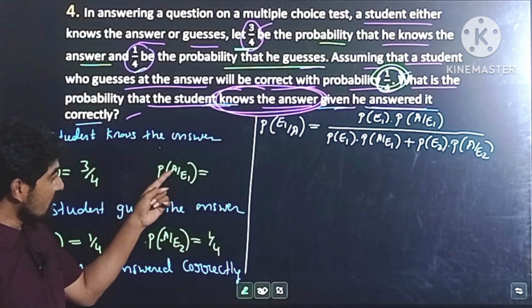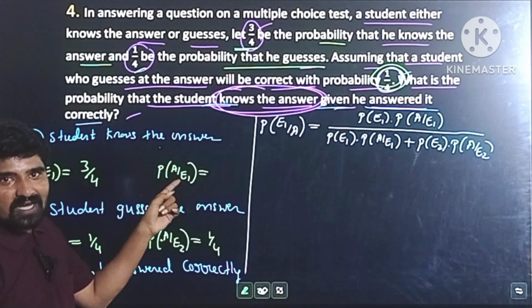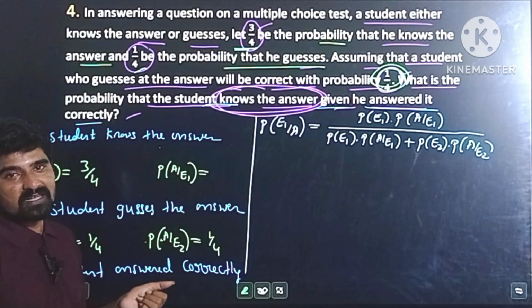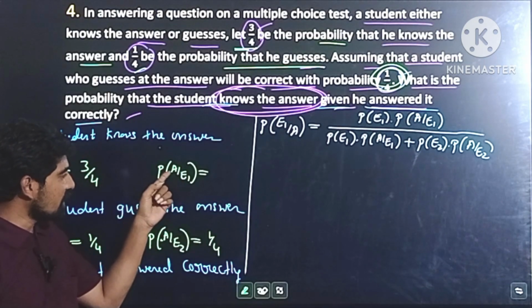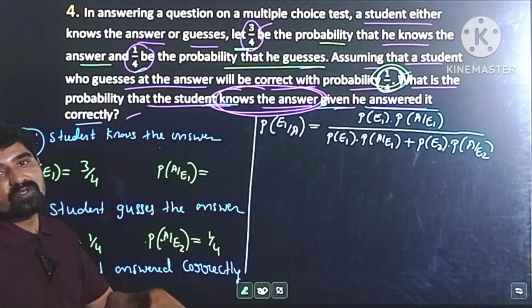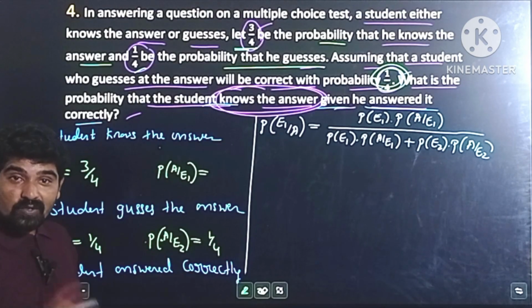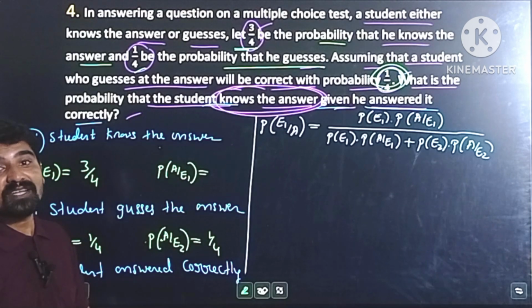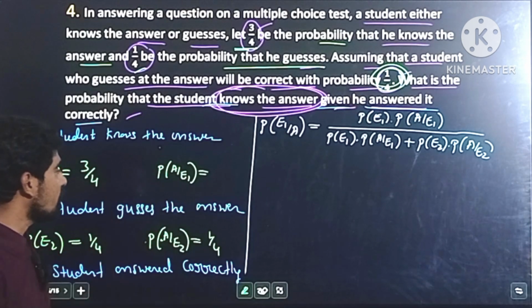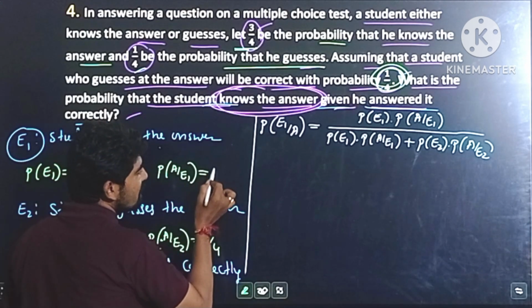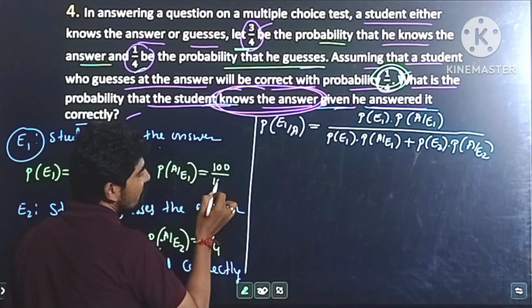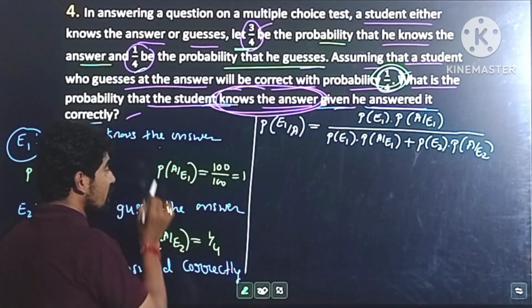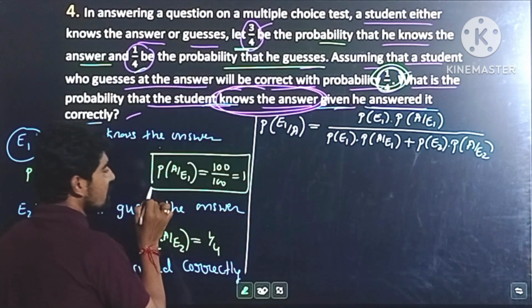But the probability that the student answered correctly given that he knows the answer is a logic based answer. When the student knows the answer, it will not be incorrect. So 100% it is correct if he knows the answer. Therefore probability of A given E1 is 100%, which is 100 divided by 100, equal to 1. I hope all of you understood this one.